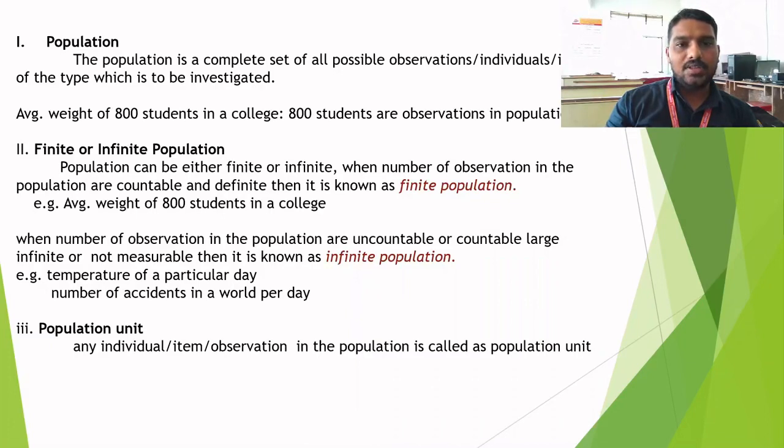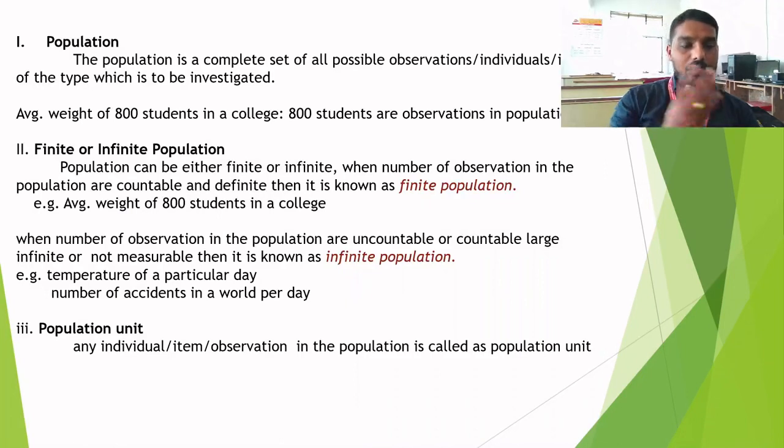So what means infinite population? When the number of observations in the population are uncountable or countably large, infinite, or not measurable, then it is known as infinite population. So for example, infinite population means temperature of a particular day. So temperature may be considered as 12 degree, 20 degree, 30 degree, 40 degree.